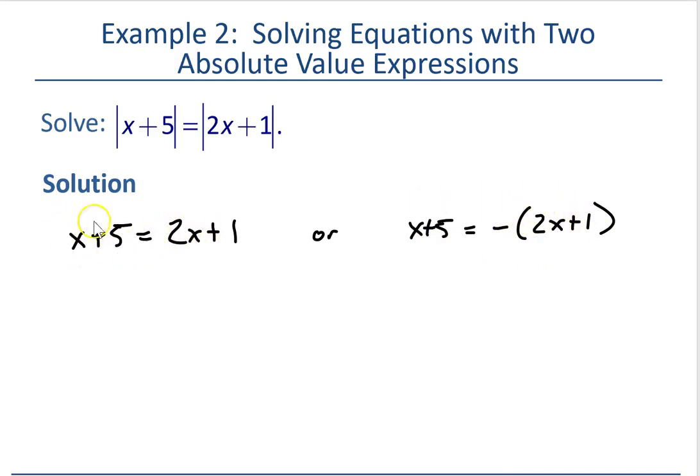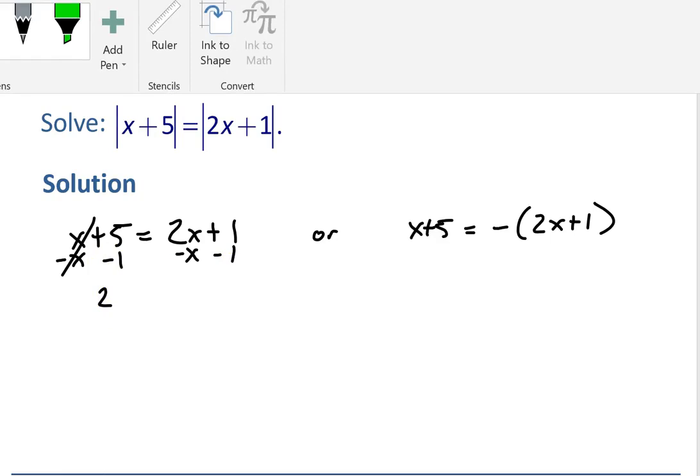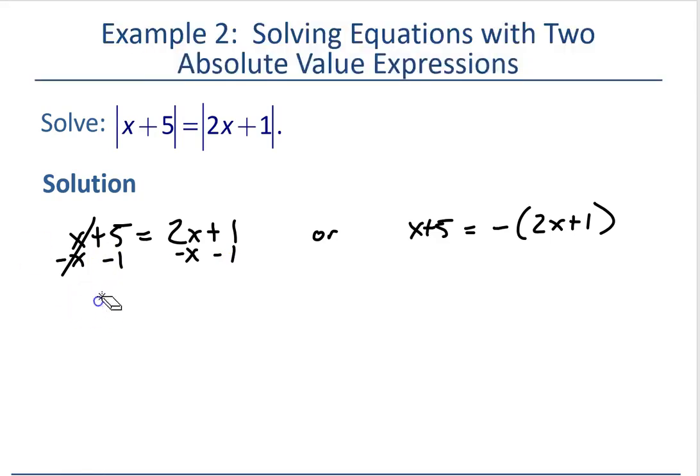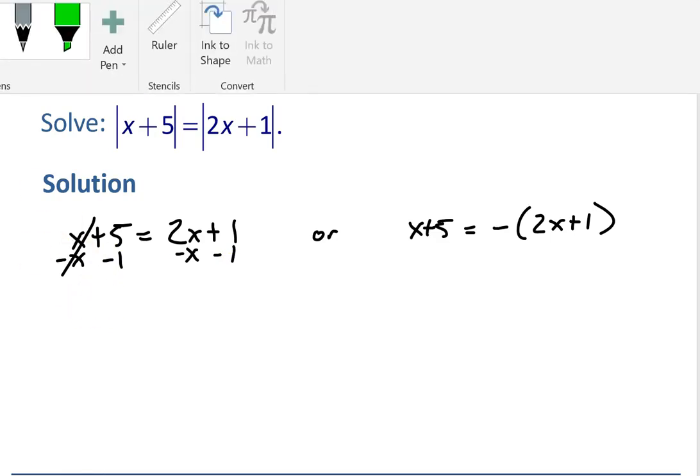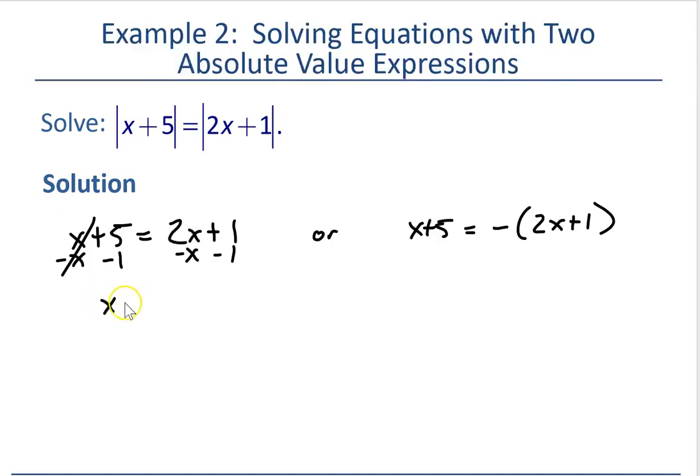Here, we're just going to solve like normal. So I will subtract an x here, subtract an x. That reduces that out. Since this reduced out here, I'm going to subtract 1 here, subtract 1 there, and then I get x is equal to 4. Well, that's one answer.